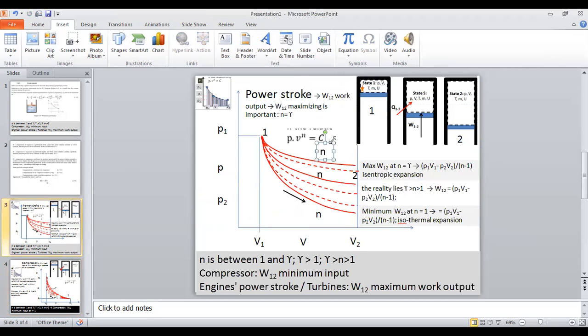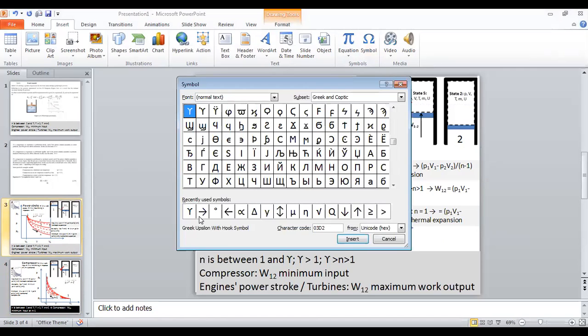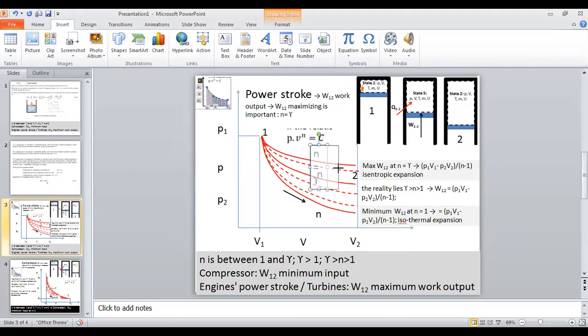But for the expansions, n equals gamma, so near isentropic, at least near isentropic. Nearly isentropic is good.